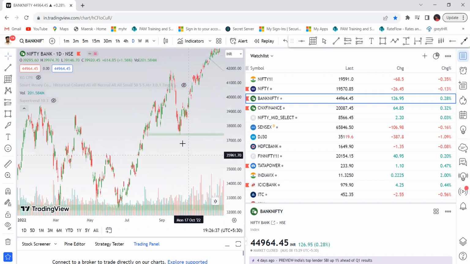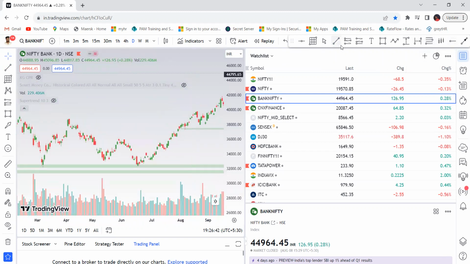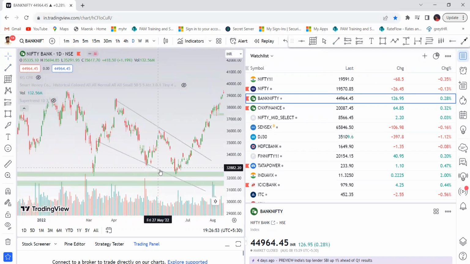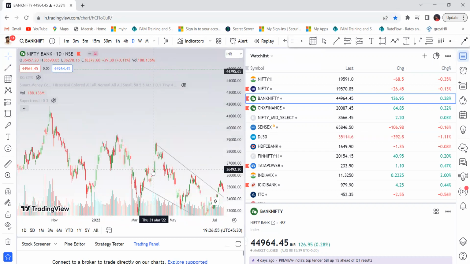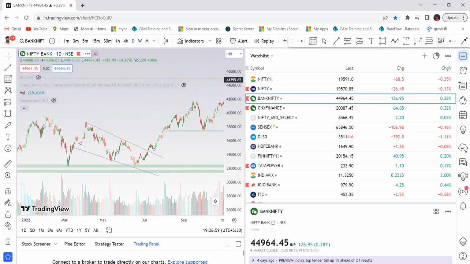Or let's see one more wedge pattern. Yeah, I can see one more wedge pattern here. Even though it looks like a triangle only, just a different name they have given.